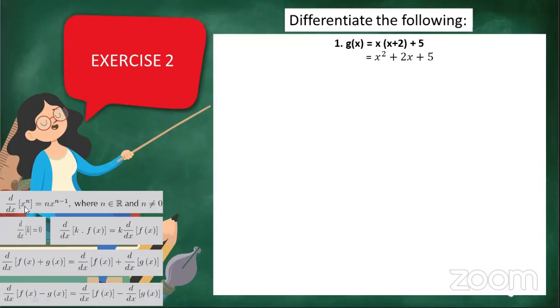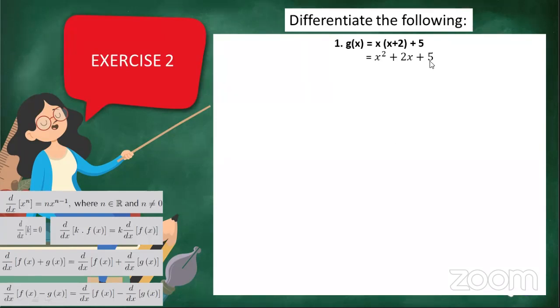So you want to either write it in this form, or that one, where you have an exponent in exponential form, or you have a constant, or you have a constant multiplied by a function. In this case, we didn't have that. So we had to say x multiplied by x, which is x squared, x multiplied by 2, which is 2x, plus 5. So now we have our x squared in this form. We can easily differentiate that using this rule. And then we can also differentiate that using the constant multiplied by the function, and then we have a constant.